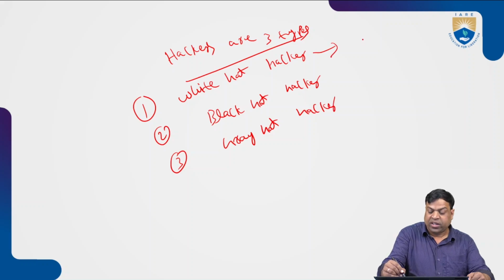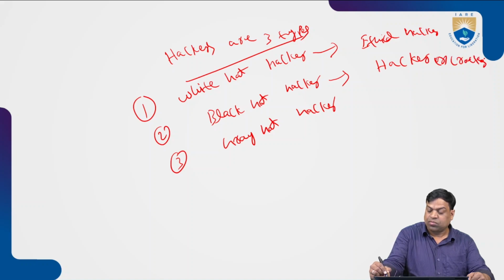The white hat hacker is also called an ethical hacker. The black hat hacker is called a hacker or cracker, or unauthorized access.